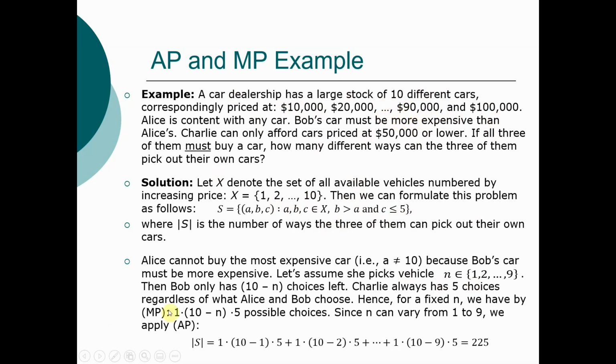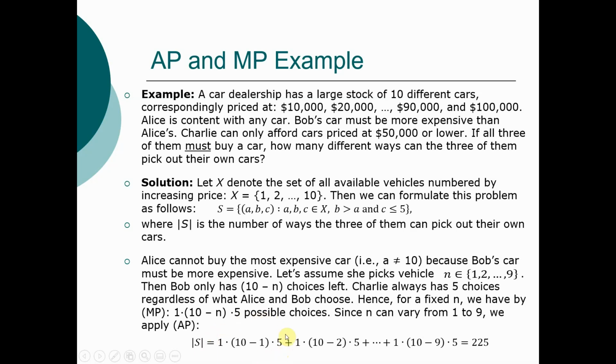So for Charlie, we always have 5 different options, right? But the number of choices for Bob depends on which choice Alice has for her car. If Alice picks the least expensive car, then Bob would have 9 different options, and Charlie would have 5 options.